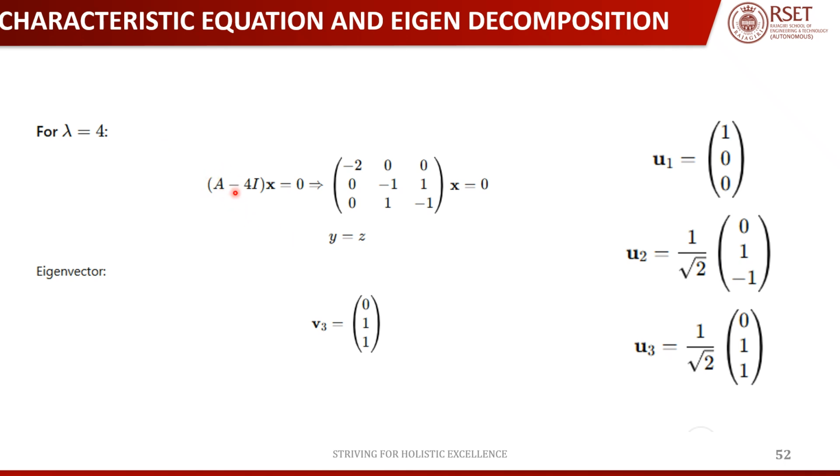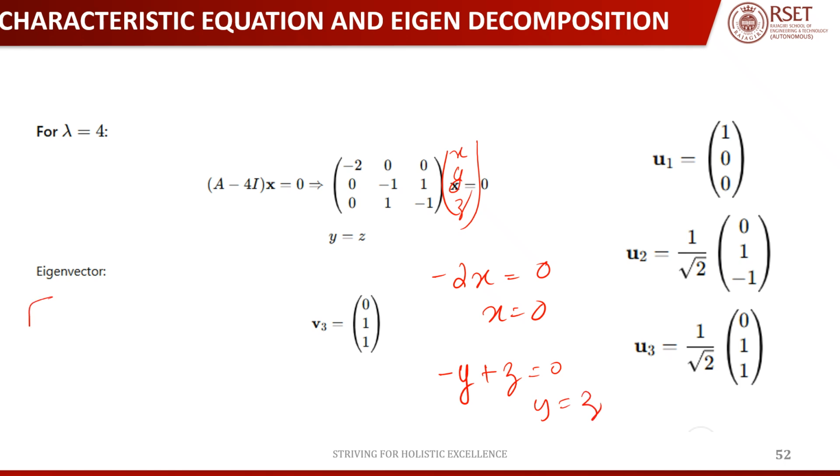So we'll see what A minus 4I times (x, y, z) is. From the first row you get minus 2x plus 0y plus 0z equal to 0, so this implies x is equal to 0. And from the second row you have 0 into x minus y plus z equal to 0, which implies y is equal to z.